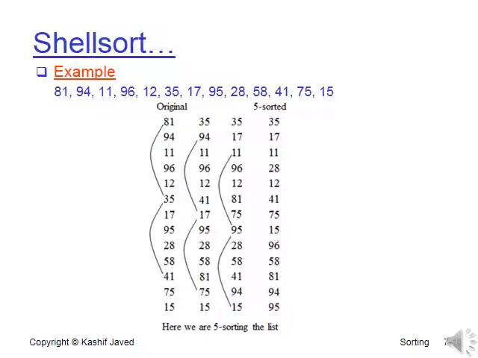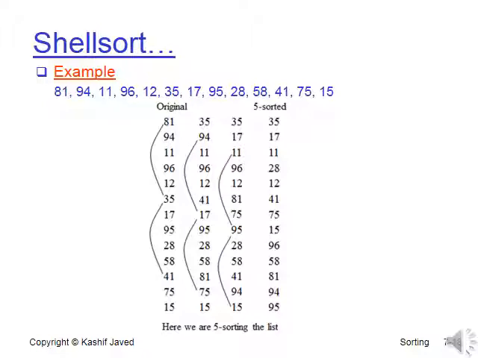For the fifth increment or gap, we will look at numbers 81, 35, and 41 and sort in order or swap the values such that we have the numbers as 35, 41, and 81 in the array slots. Then look at numbers 94, 17, and 75. Similarly, swap the values such that we have 17, 75, and 94 in the array slots.